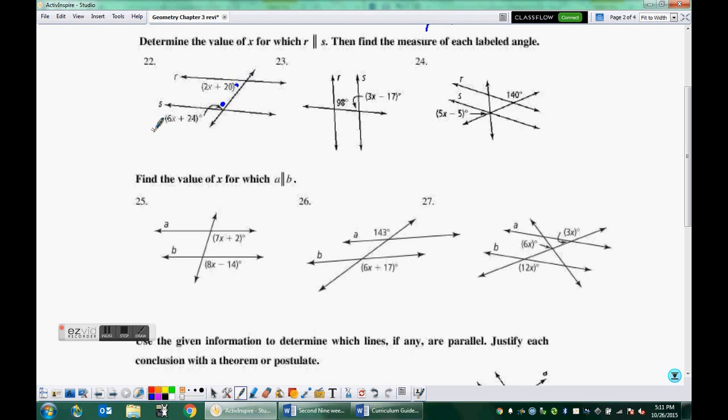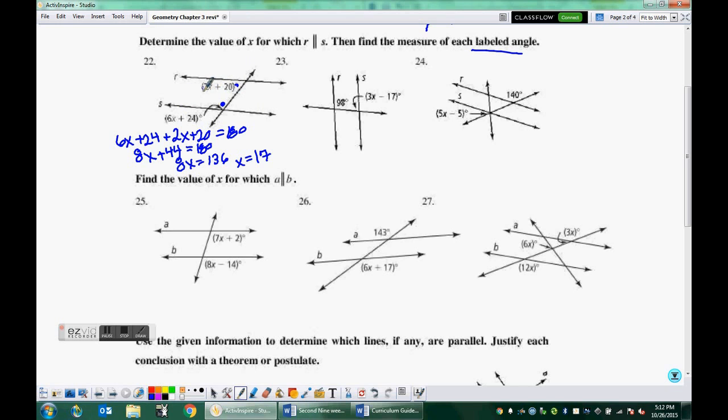For 22, these are same side interior angles. So again, they are supplementary. So I have to add them to equal 180. So I have 8x plus 44 equals 180. So 8x is 136, or x is just 17, I believe. Okay.